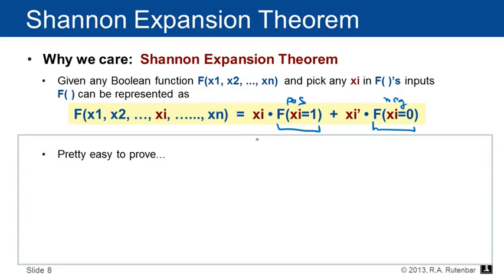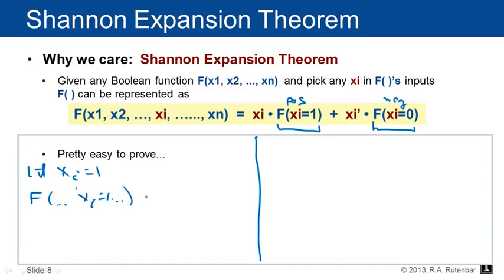And it's amazingly easy to prove. Not exactly a proof, it's kind of more just like a case study. Let's just let xi be a 1 here. Okay, well, then what happens? So we've got the value of the function, which has a bunch of variables in it, but there's xi equals 1.